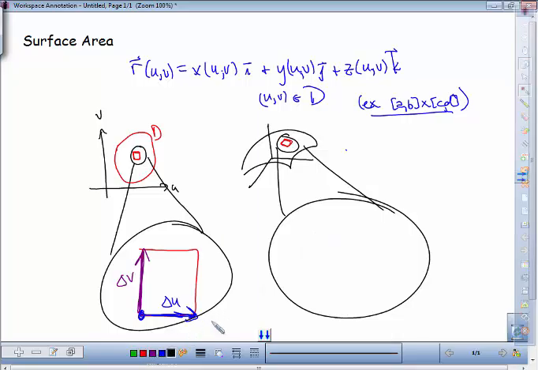So the surface itself, I think I drew the surface in green last time. The surface itself is curved, but we're going to be approximating with planes.